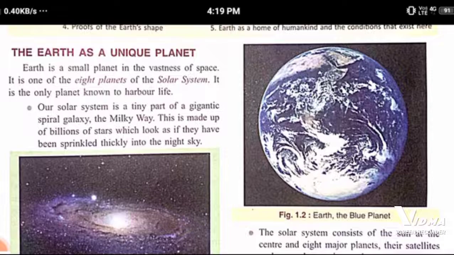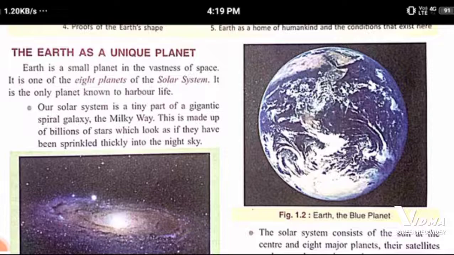It is the only planet known to harbor life, which means it is the only planet known to have life. Scientists and astronomers nowadays are doing research on whether there is life on Mars or not. But till now life has been found only on the Earth.